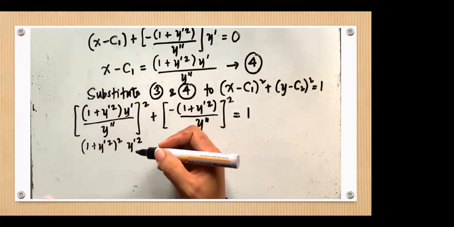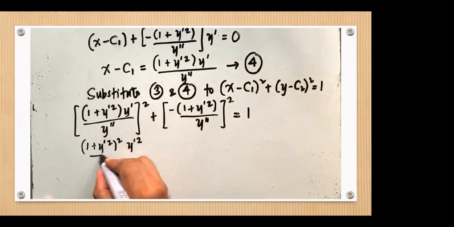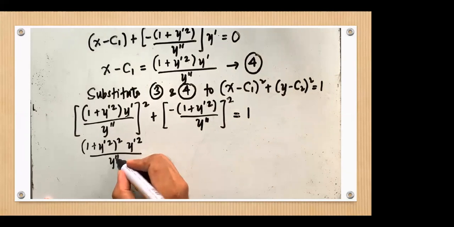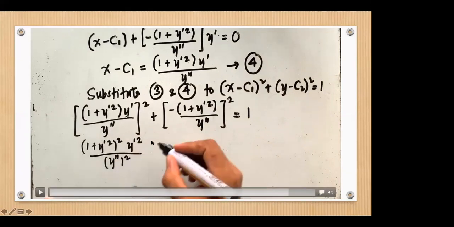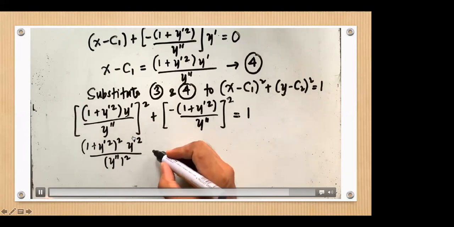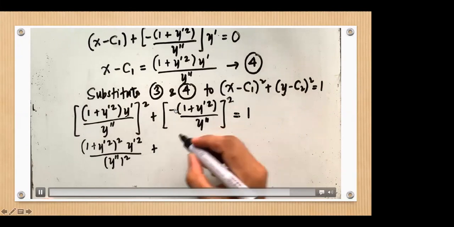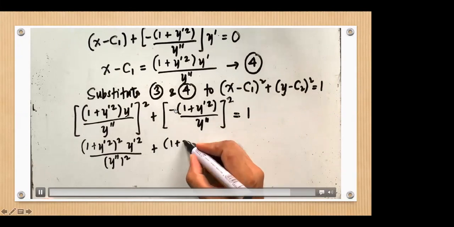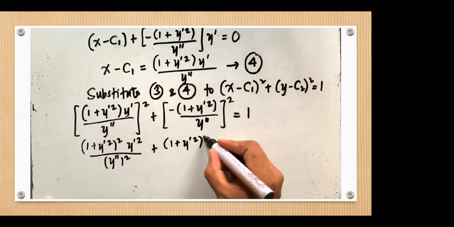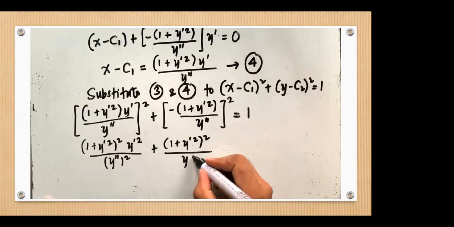So ibig sabihin, this first term will become 1 plus y prime squared. And ayan, ganun din, y prime squared, and then all over y double prime squared. Okay, so the second term, if you are to square this one, so yung negative, matatanggal na yung sign dyan. So magiging 1 plus y prime squared raised to positive 2 all over y double prime squared.